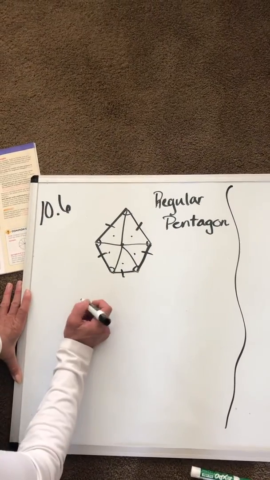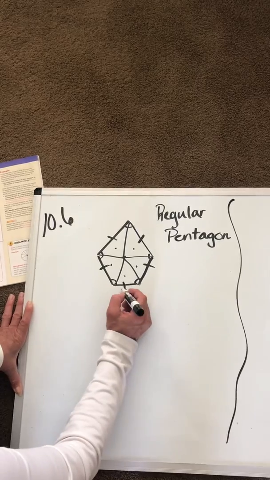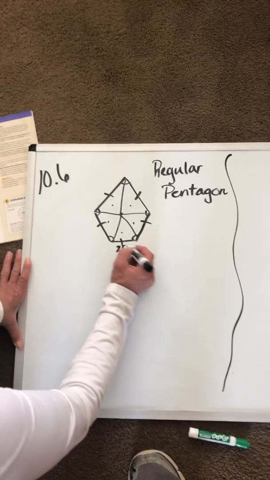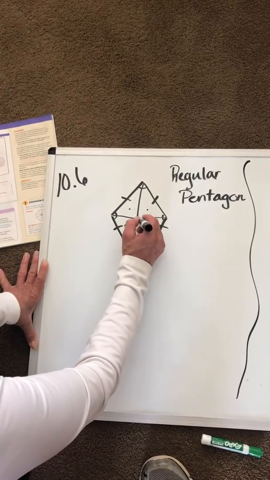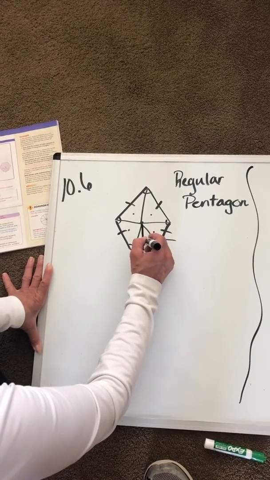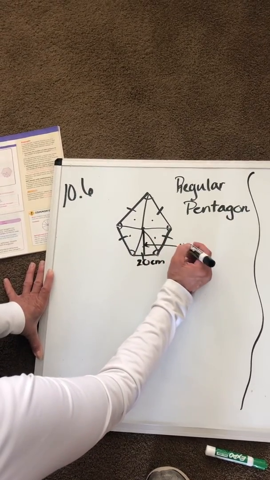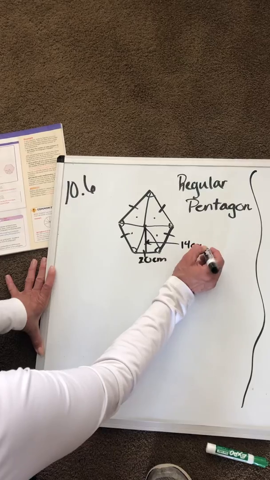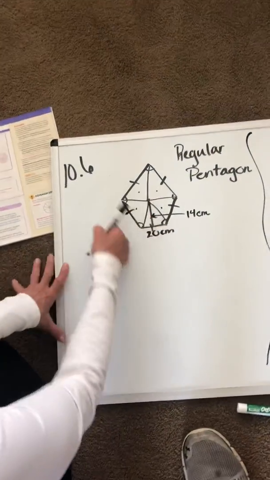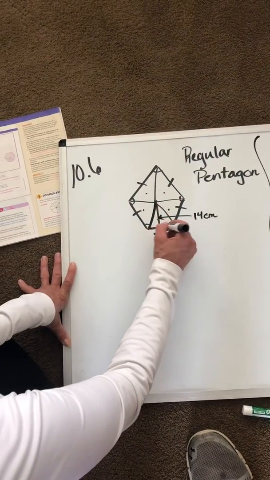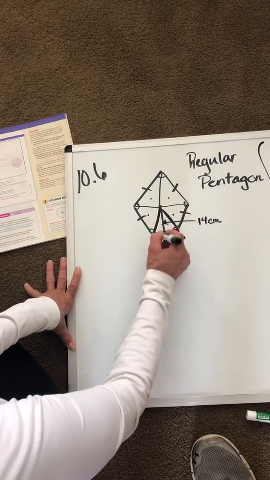Okay, so now we are going to put a base here of 20 centimeters for this triangle and a height of 14 centimeters. So the first thing we want to do after we've done this is we want to find the area of this one triangle here.